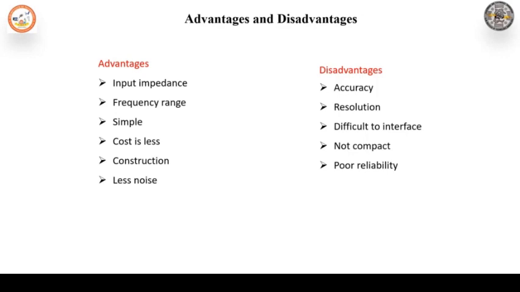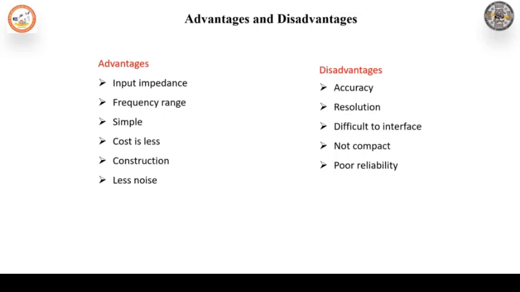Like that we have disadvantages also. The disadvantages of an electronic multimeter are, the accuracy is less. The next disadvantage is the resolution is poor. The next disadvantage is that it is difficult to interface the output with external devices.